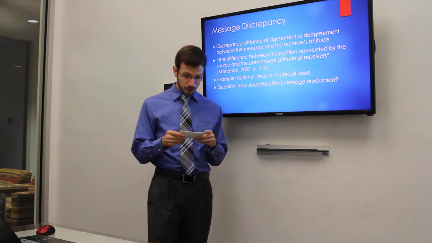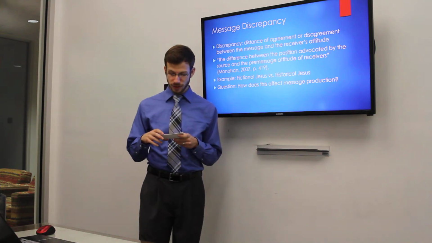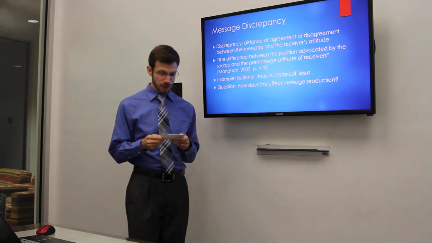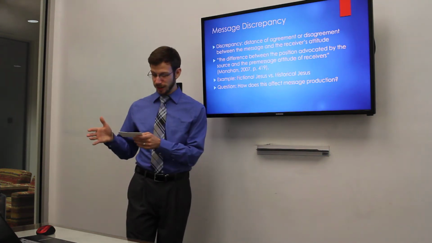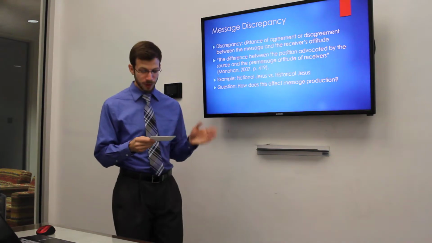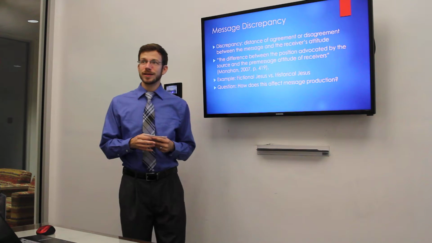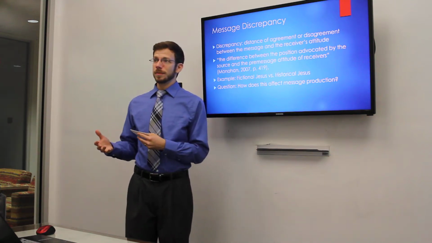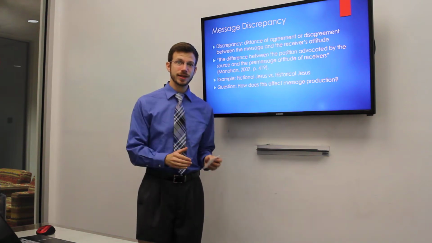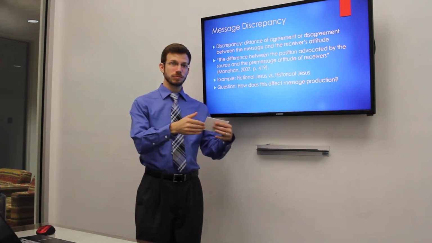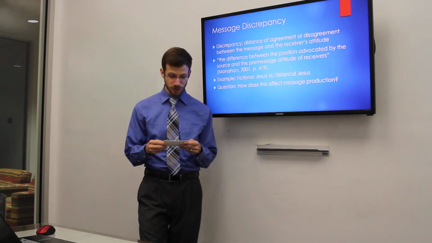And Jennifer Monahan, in Communication and Social Cognition, written in 2007, explains it this way. She says that the message discrepancy is the difference between the position advocated by the source and the pre-message attitude of receivers. And so the pre-message is where, before the message is even given, this person has a position, has an attitude towards this topic, and that can greatly affect how it's received.